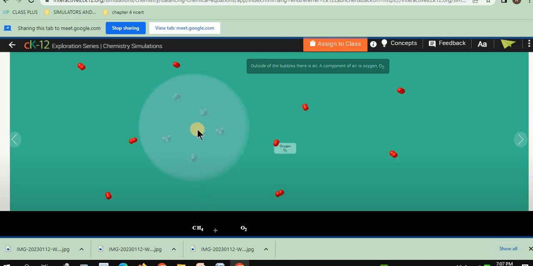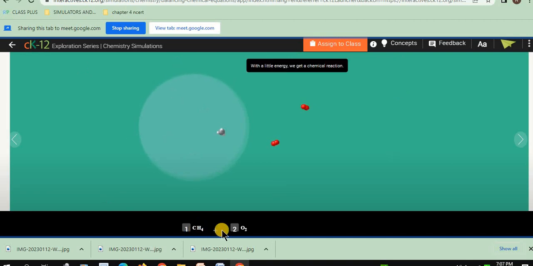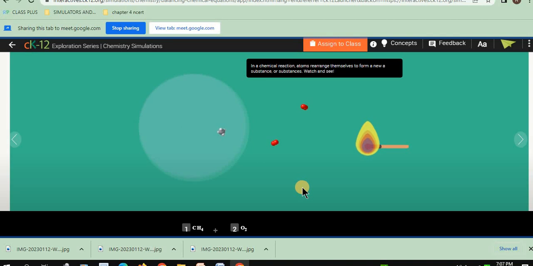Can you tell me the formula of methane? CH4. Absolutely right. If you see the equation at the bottom, at the end some equation is written here. What is written? CH4 plus O2. And now what are we bringing here? The matchstick.